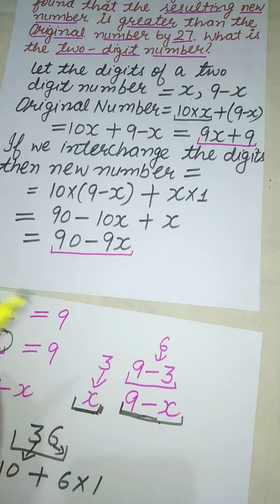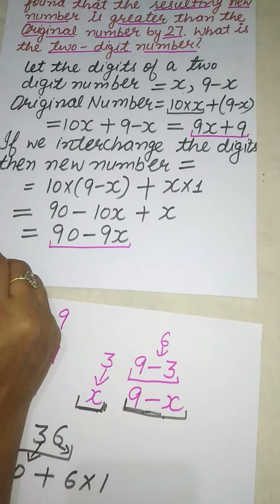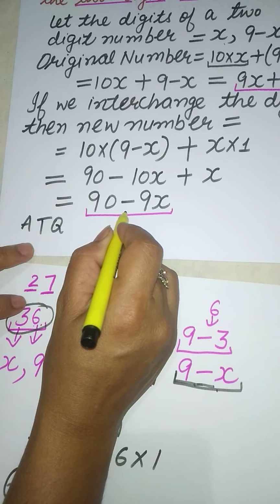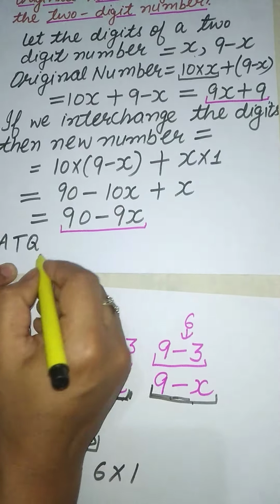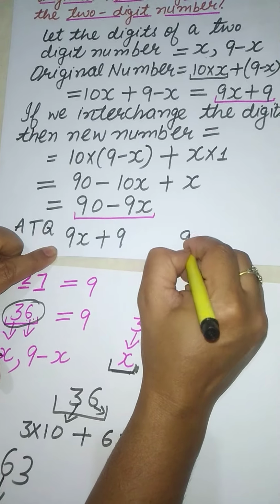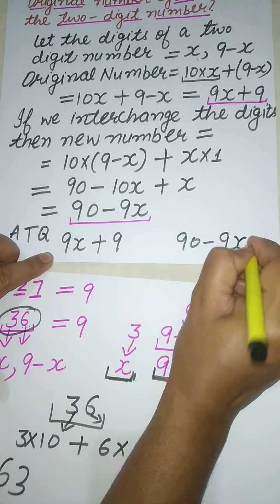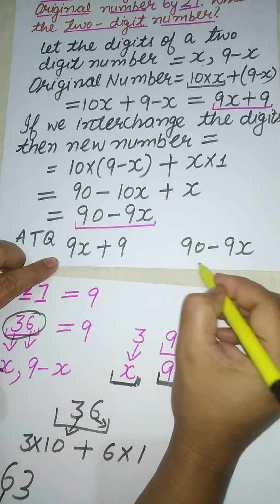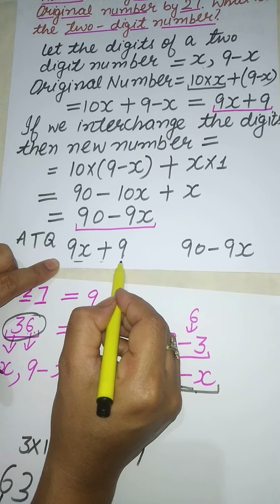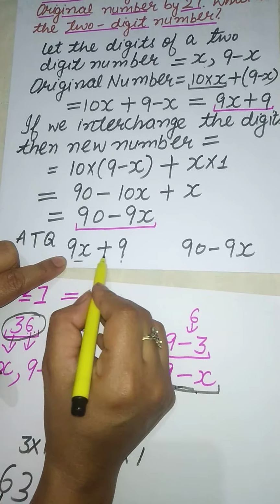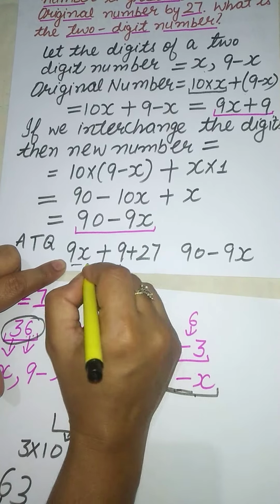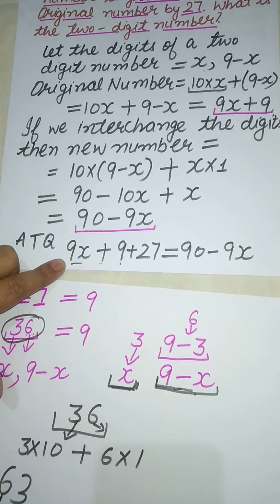Now, according to the question, this is the new number and this is the original number. I will write here 9x plus 9, here 90 minus 9x. This new number is greater than the original number by 27. So I will add 27 to the original number, and now these two numbers will be equal.